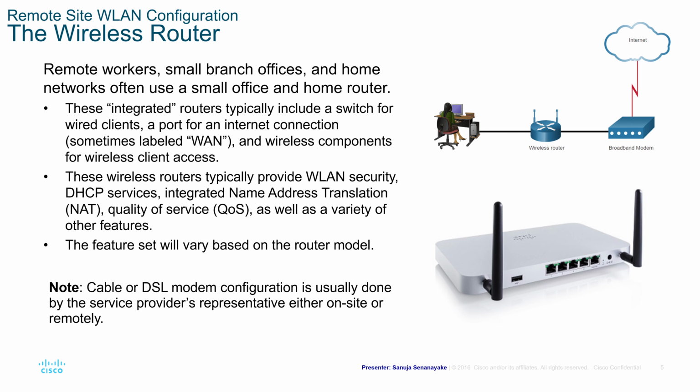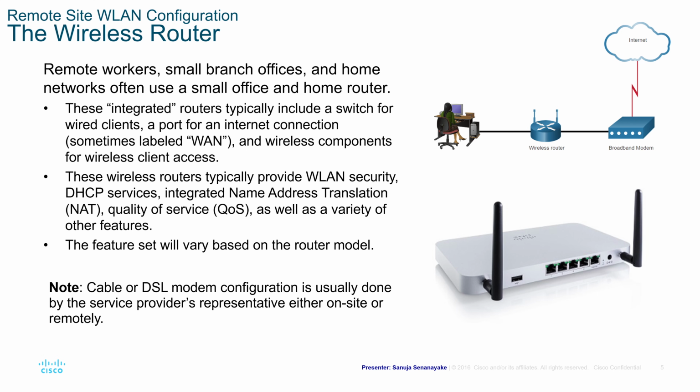These wireless routers typically provide WLAN security, DHCP services, integrated network address translation, also known as NAT, quality of service, also known as QoS, as well as a variety of other features. The feature set will vary based on the router model as well as the device manufacturer.